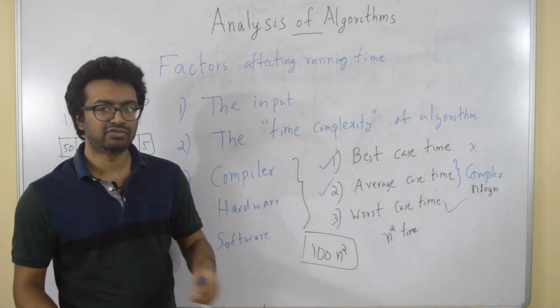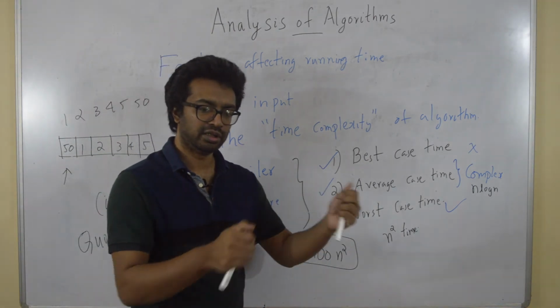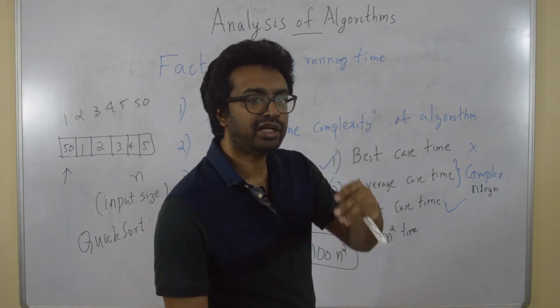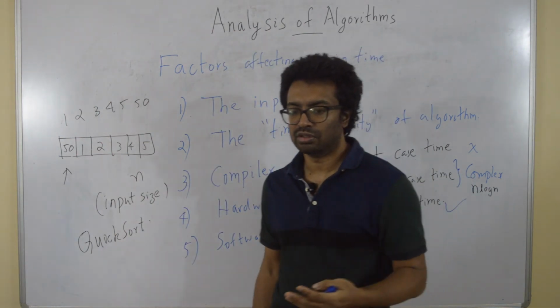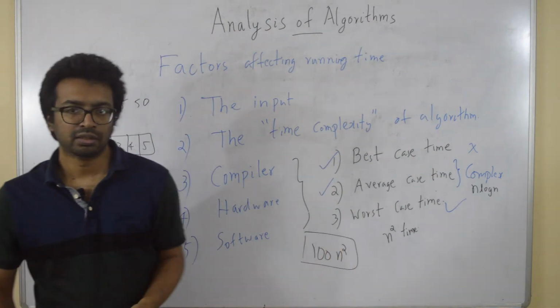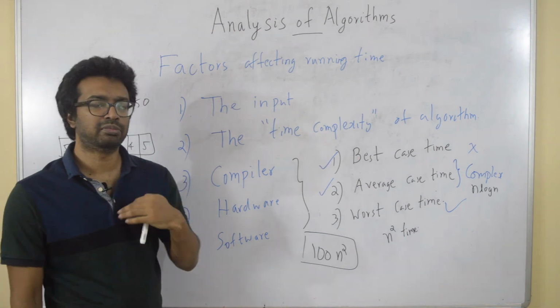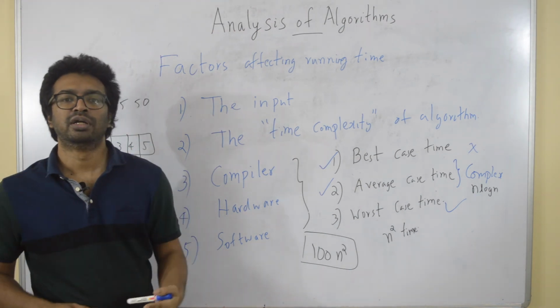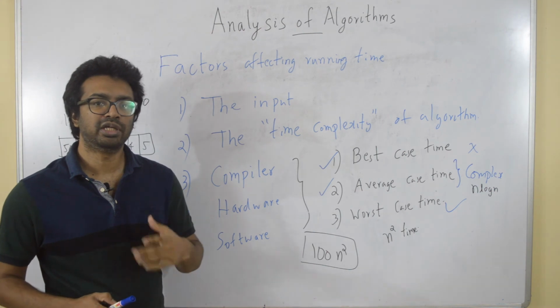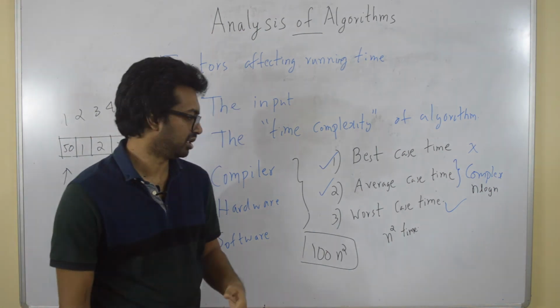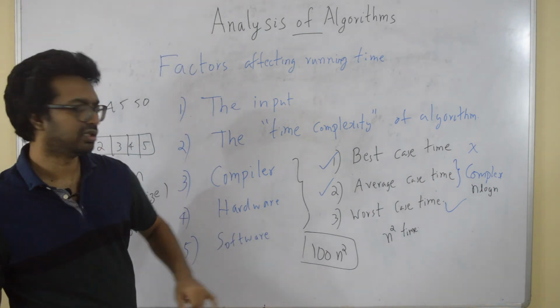So that constant difference might be there, and for the entire program I might be 5 times slower than your machine. So there is this constant there.